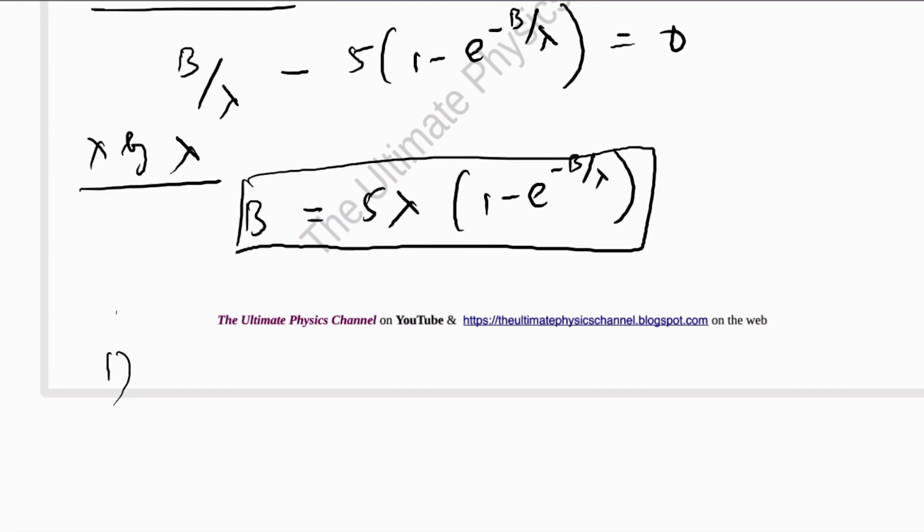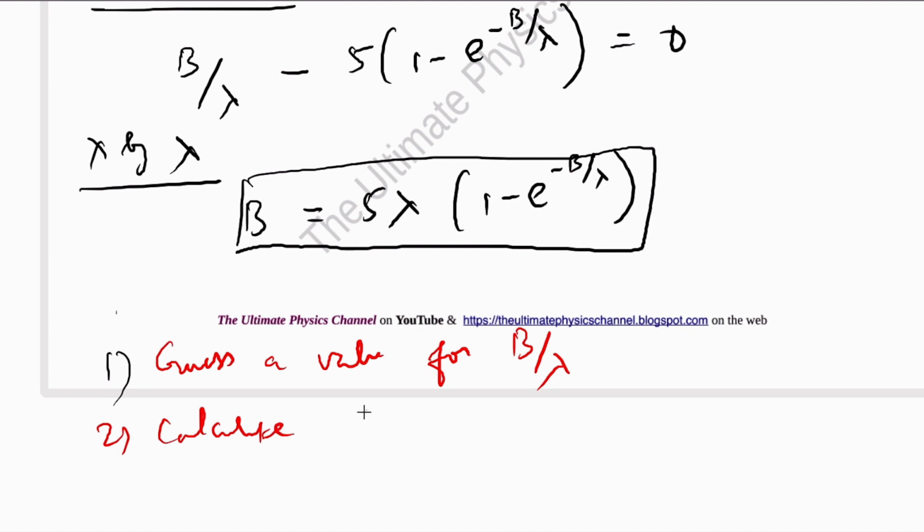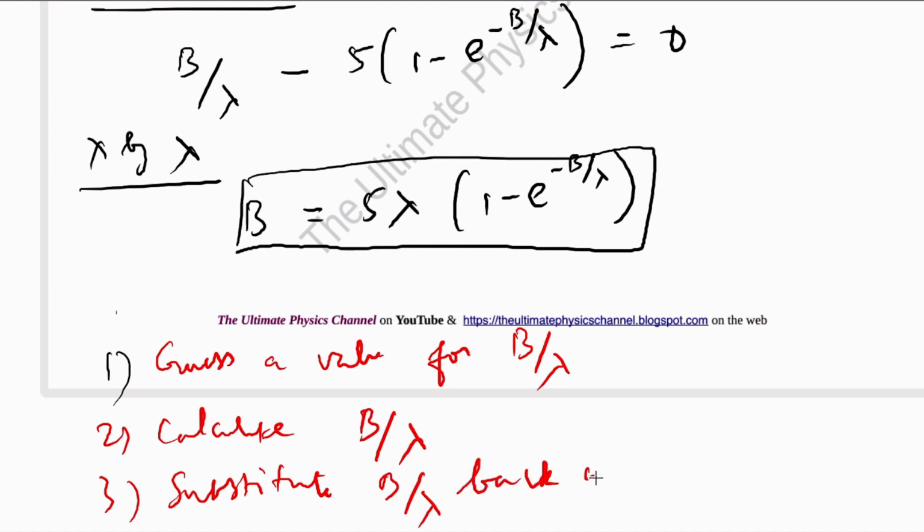First, we can make a guess value for b over lambda. So start with a guess, substitute that, calculate b over lambda based on that, then substitute back into the equation for b.